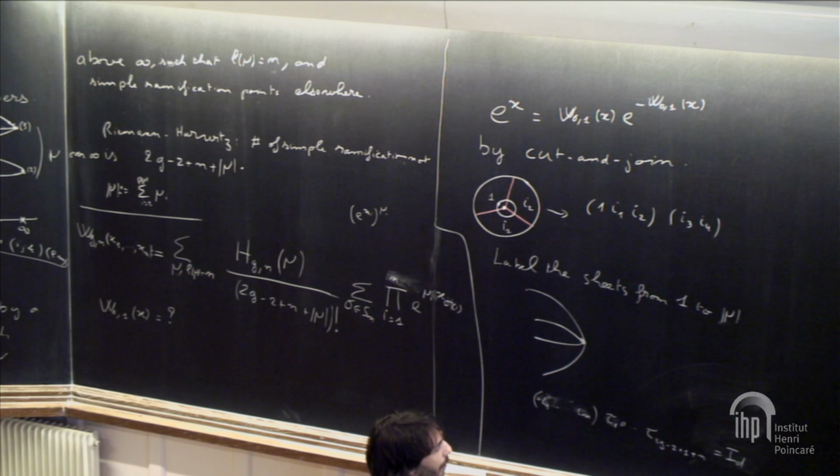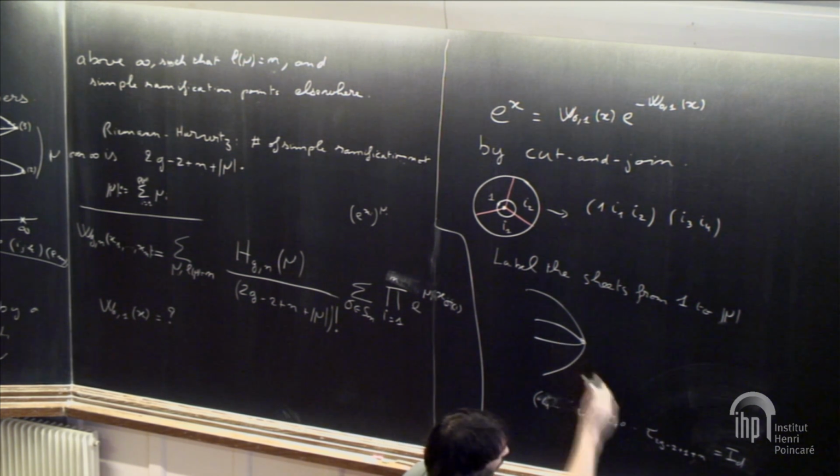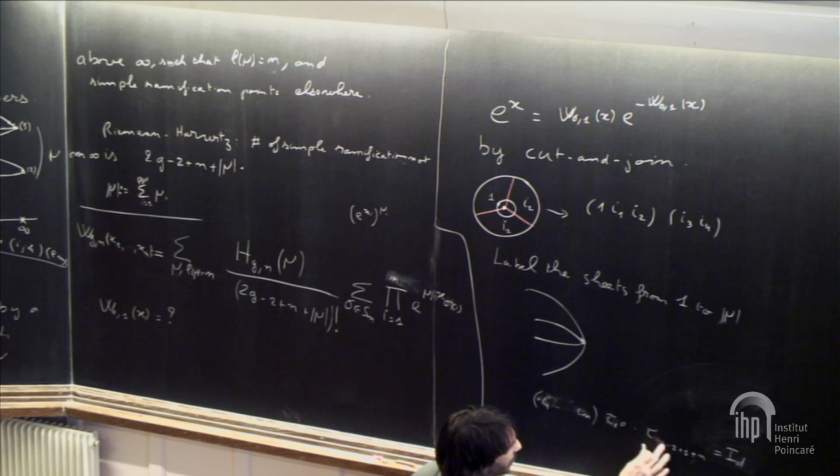You're trying to solve this problem for g equals 0, which is the case above. So here you put a 0. It gives you n minus 1.